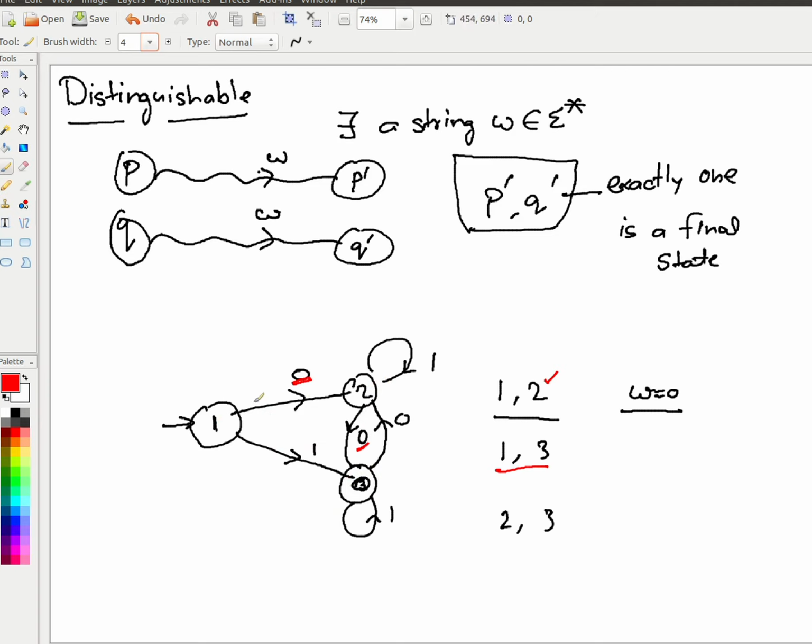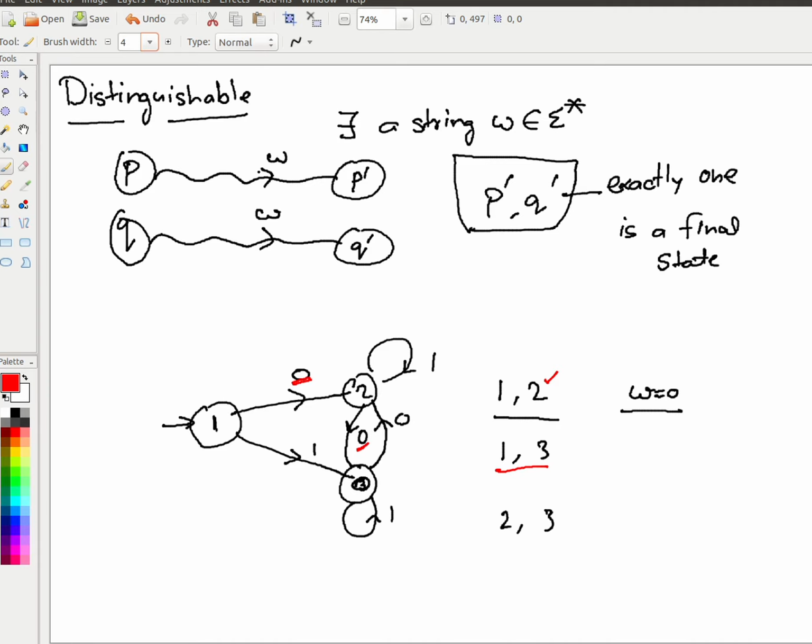Even for any string, at 0 it goes here, at 0 it goes here. This at 0 goes here, and at another 0 it comes here. At 1 it goes here, 0 1 it goes here. So is it equivalent, states 1 and 3? Anyone who is of the other opinion? Everyone agrees that it's equivalent.